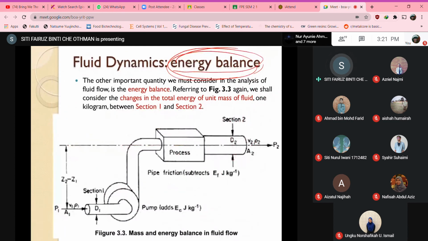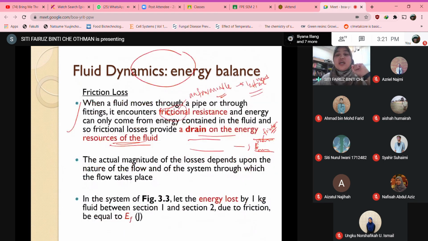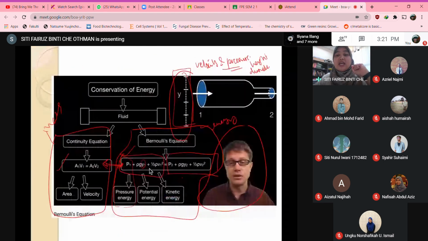sometimes when you build a factory plant, the pipe is not going to be on the same level. There will be differences in height. It goes up, then down, then up again. So this change in height will affect the potential energy. When it affects potential energy, it will also affect the velocity, so it is calculated at every height.